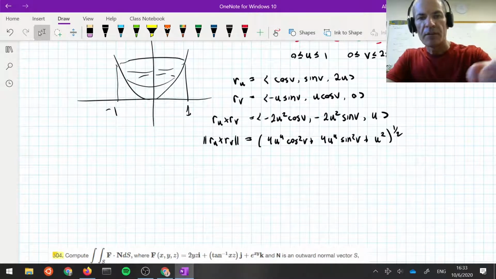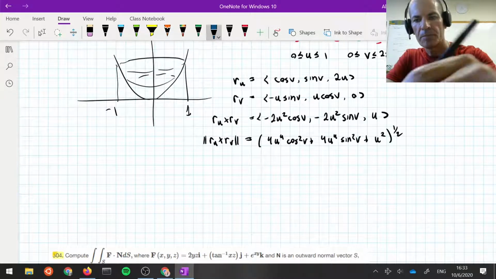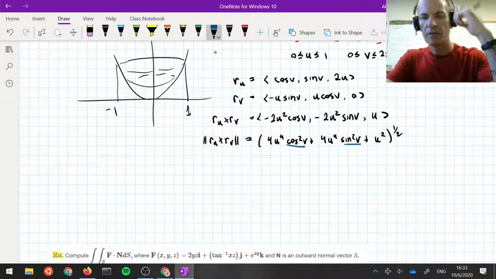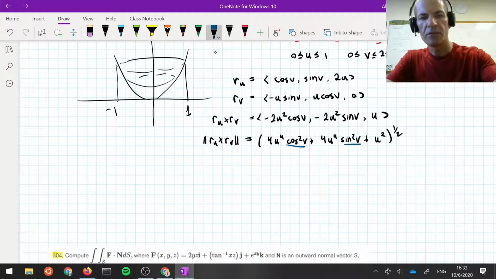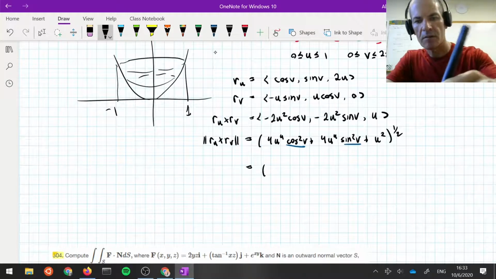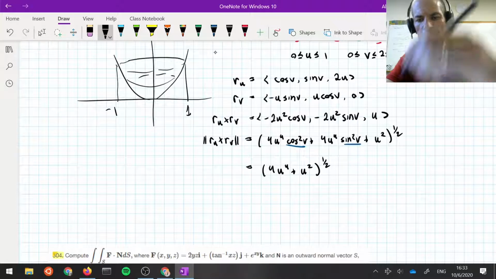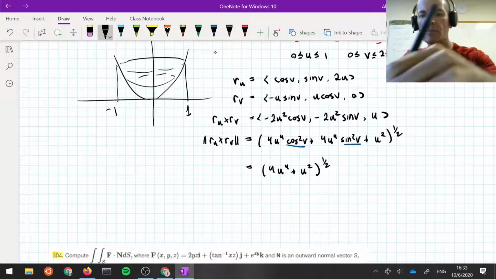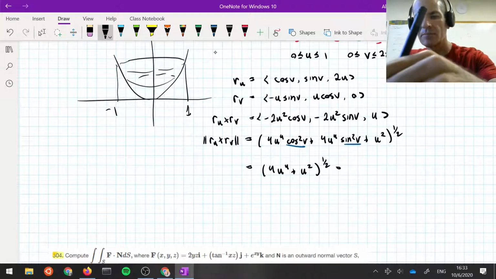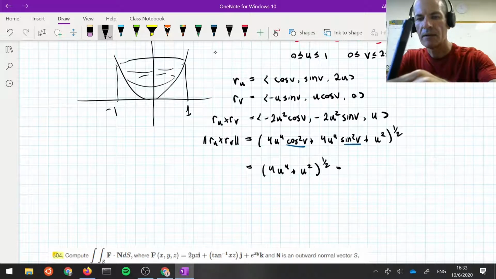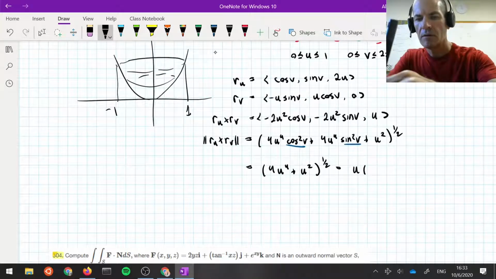There is a Pythagorean simplification here, so let's do that simplification. 4u to the 4th plus u squared to the 1/2. And it looks like we can pull a u squared out of this thing as well. So let's do that. U times 4u squared plus 1 to the 1/2.